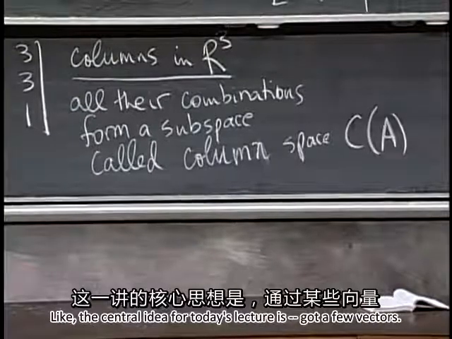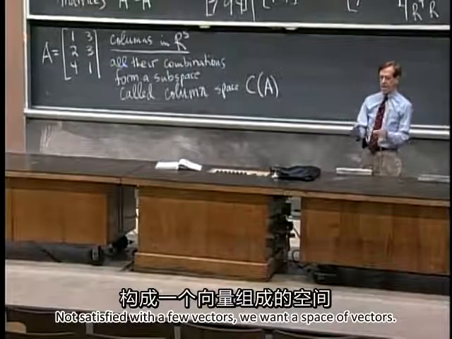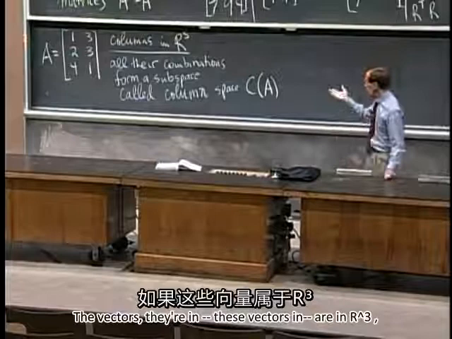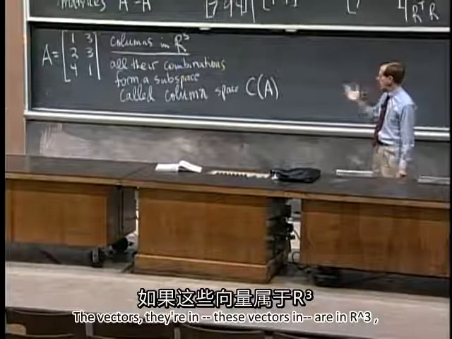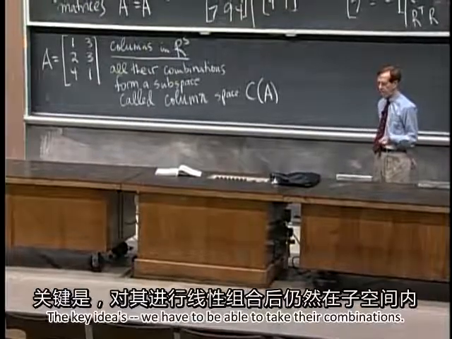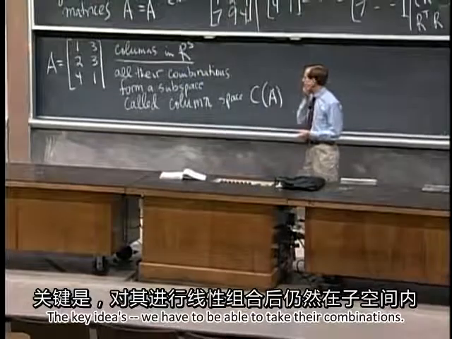We've got a few vectors. Not satisfied with a few vectors, we want a space of vectors. These vectors are in R3, so our space of vectors will be vectors in R3. The key idea is we have to be able to take their combinations.